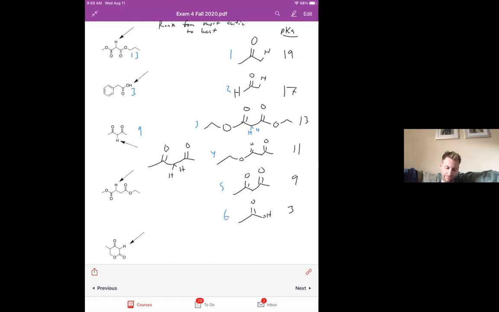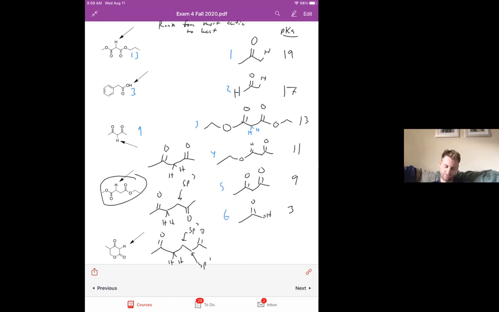If you are two away where you have an sp3 center here, it essentially negates it. Same thing if you had significantly more space here. Both these sp3 centers are going to negate any sort of effect you had that lowers your pKa. So we treat this just like it's a normal ester. And you're basically only looking at this portion here because there's no resonance through this sp3 center.